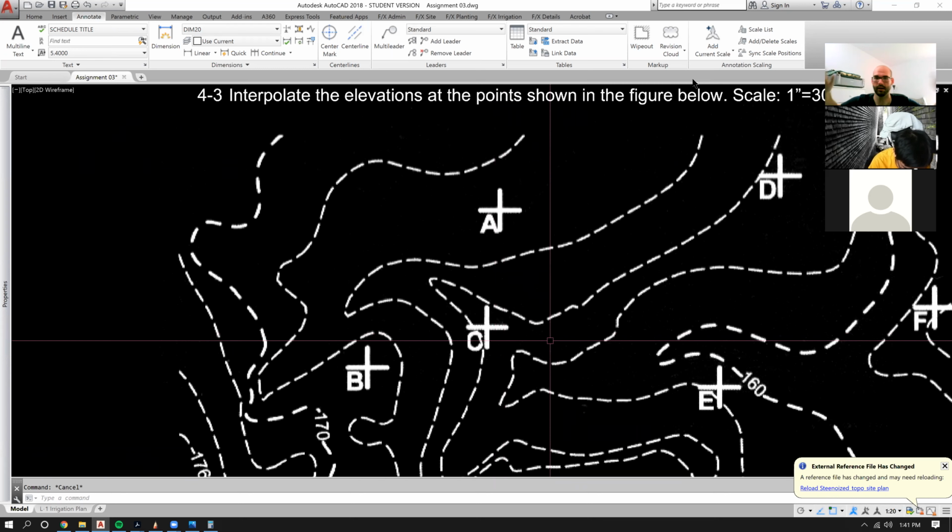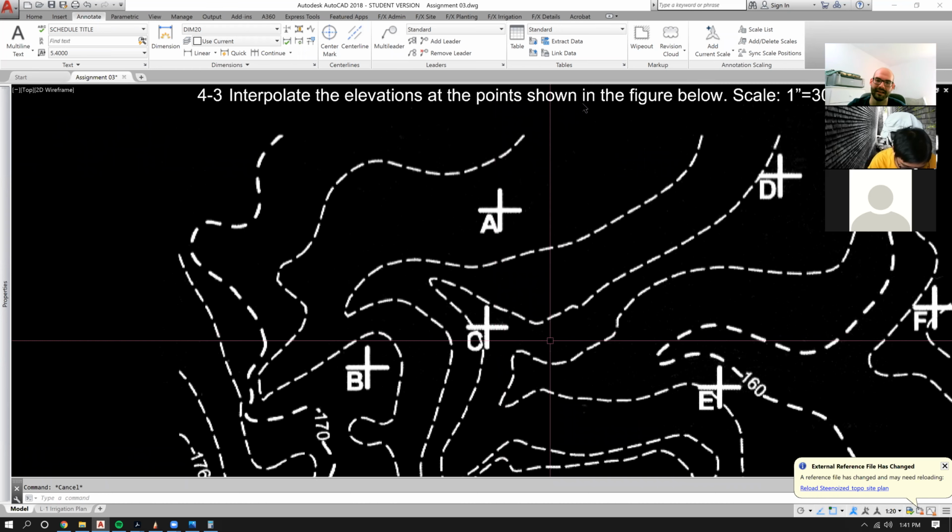0.3 or is on 3 out of 10, then it's 0.3 above that next contour. But because the contours aren't 1 foot apart and they're 2 feet apart, you need to, oh man, this is hard to explain. You need to multiply that distance and elevation by 2 because they're not 1 foot apart, these contours. It complicates things by making them 2 feet apart.